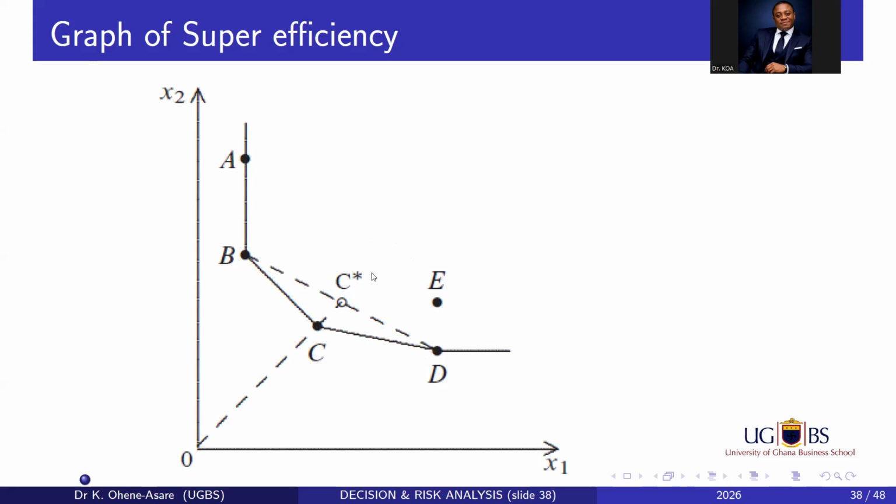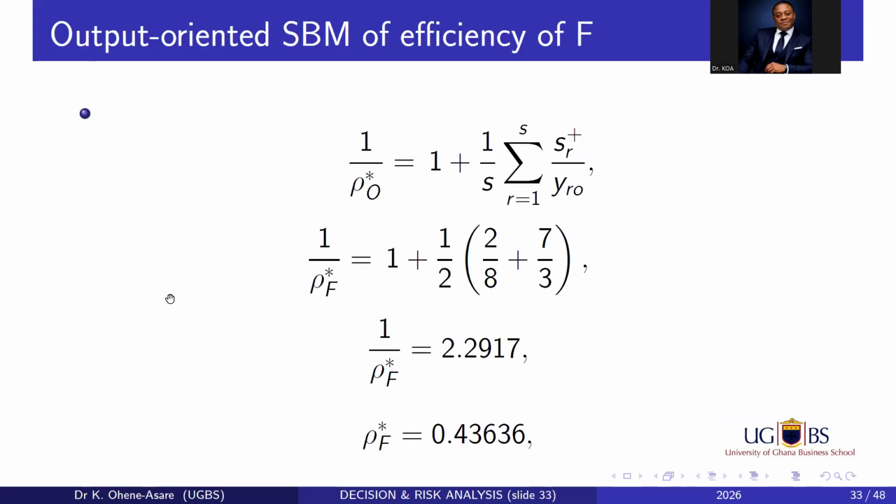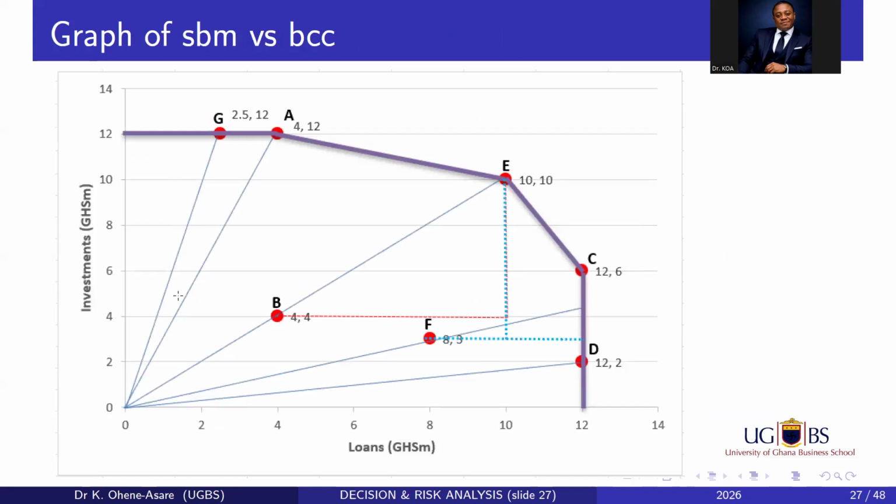Now, what I want to do is take you back to our own example. Tell me which DMUs would have been super efficient under DEA. Take your time. Emily.